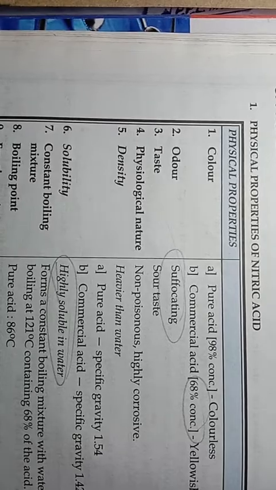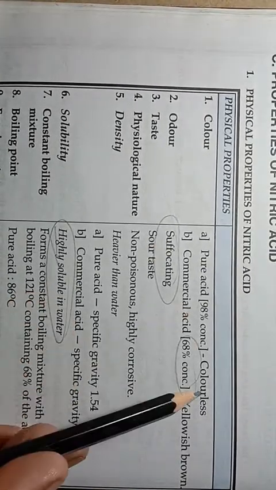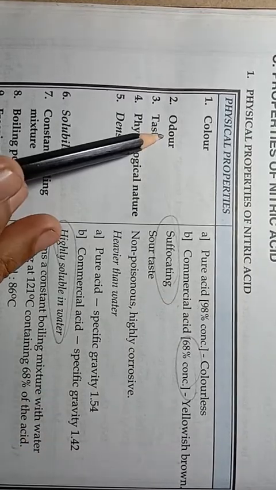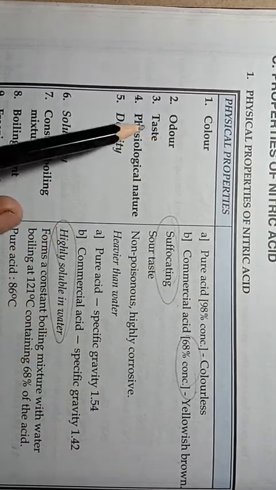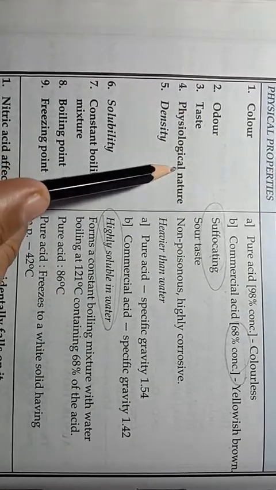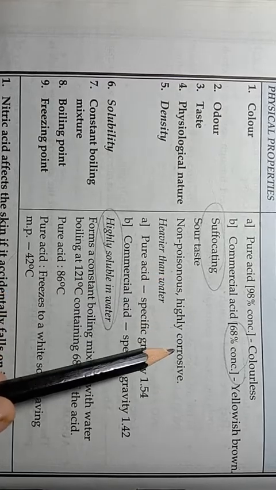Then physical properties of nitric acid. Color: pure acid is colorless, but commercial acid is yellowish brown. Odor: suffocating odor. Taste: sour. Physiological nature: non-poisonous and highly corrosive.